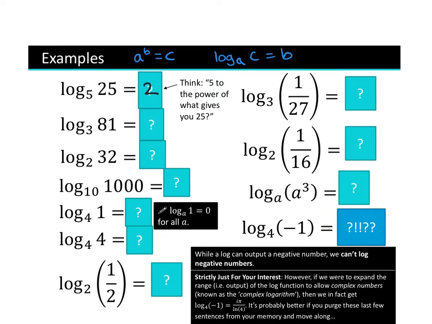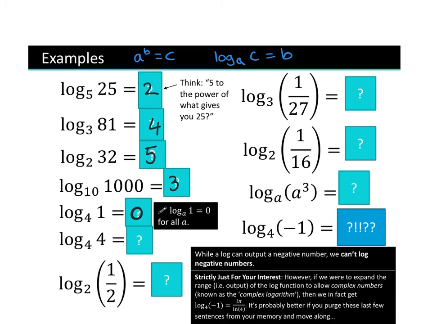3 to the power of what gives me 81? 4. 2 to the power of what gives me 32? 5. 10 to the power of what gives me 1,000? 3. 4 to the power of what gives me 1? 0.